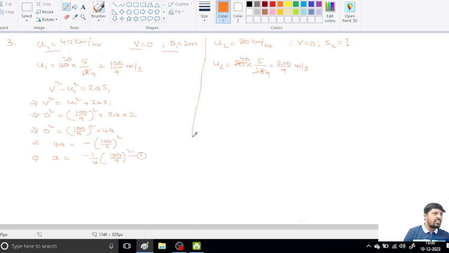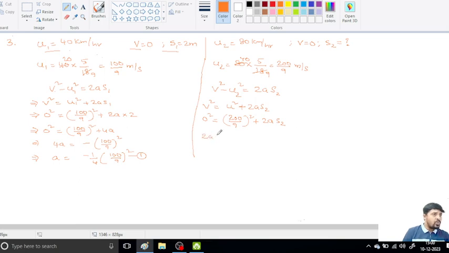We'll do the same for this equation. Again we are going to use the formula v square minus u square is equal to 2as. Here I will write u2 and here I will write s2. So it is going to become v square equals u2 square plus 2as2. 0 square equals 200 by 9 whole square plus 2a into s2, because we don't know the value of that.